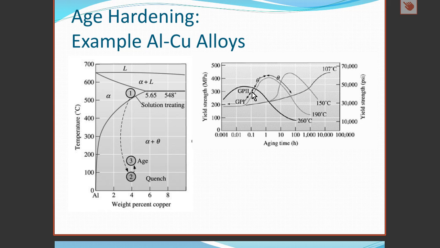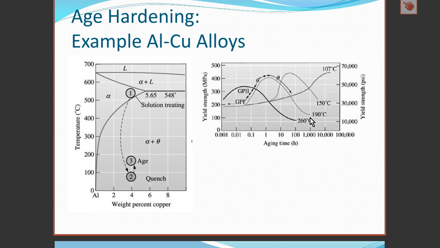And Guinier-Preston zones 2 are only a few unit cells thick. After that, we get the precursor of the theta phase. Once the theta phase forms, it becomes incoherent with the matrix, and the effectiveness of the precipitate in causing strengthening reduces, and the material is in an overaged state.